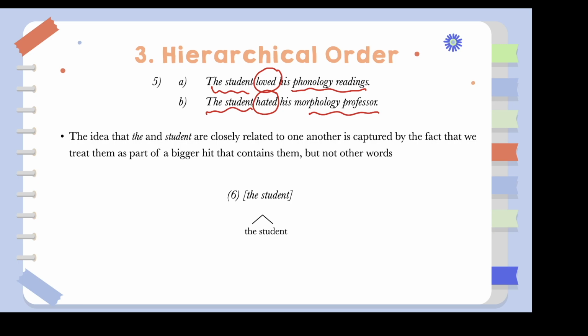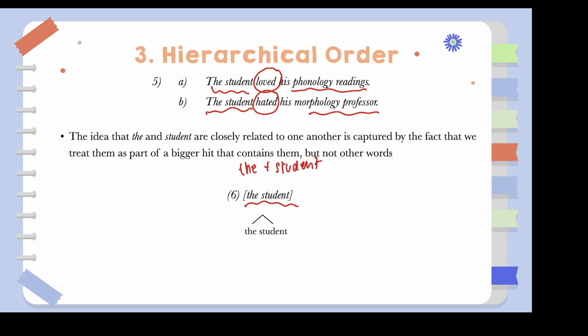As you can see, if we focus on just the structure, the student, and we use linear order, the student will be just the, followed by student.